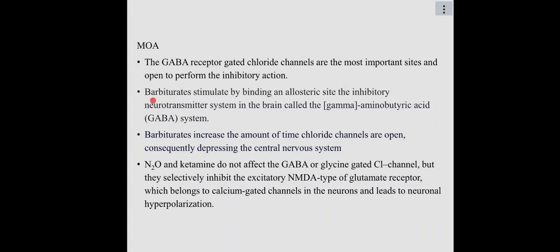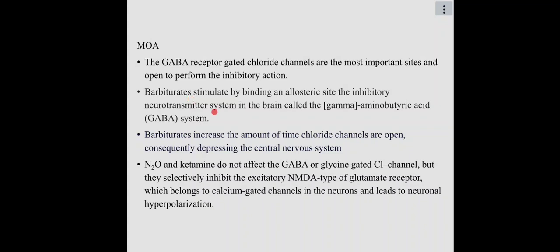These ones bind an allosteric site, not the GABA site, not exactly where GABA binds. GABA is gamma aminobutyric acid, but there is a site which is just near, and they bring about the same effects as GABA.